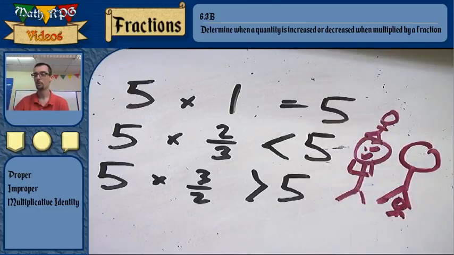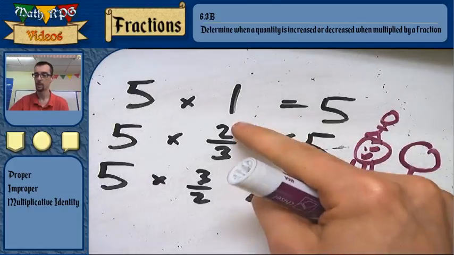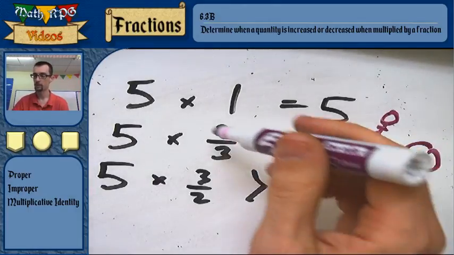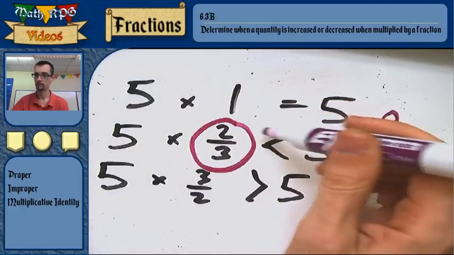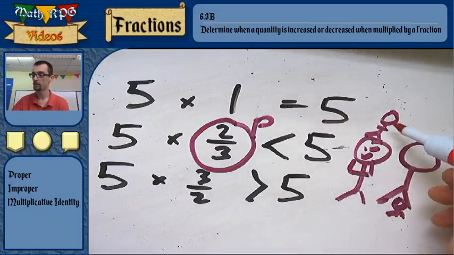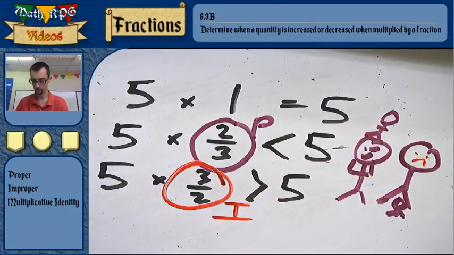So if the numerator is smaller than the denominator, which it is in this case, 2 is smaller than 3, that is called a proper fraction. So this is a proper fraction, because it's proper for the small one to be on top. If, on the other hand, the numerator is bigger than the denominator, this would be an improper fraction, because the denominator is smaller than the numerator.